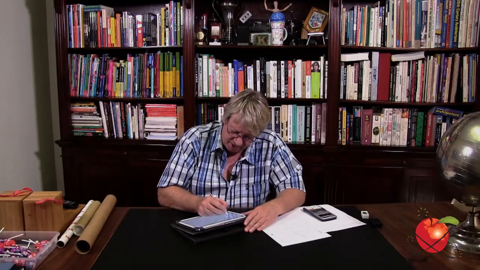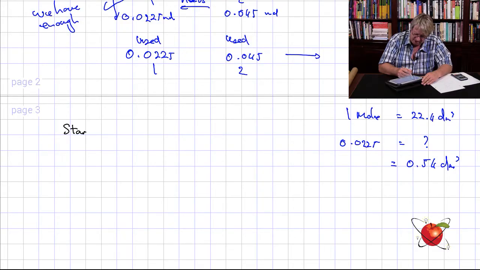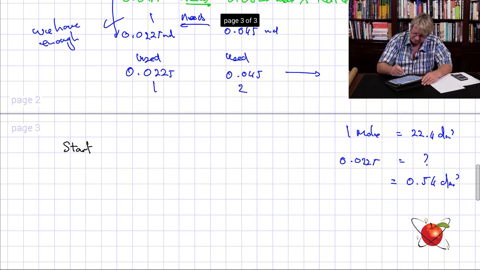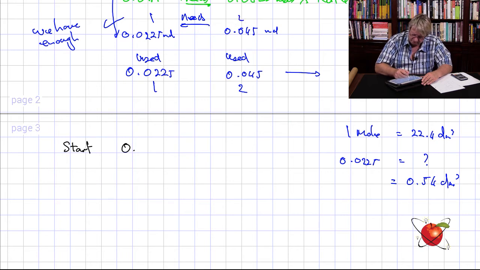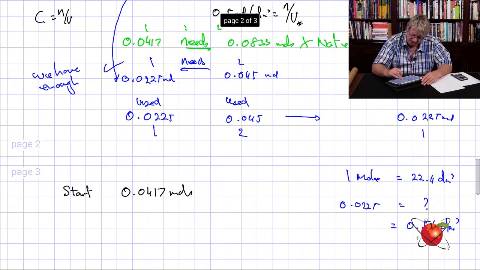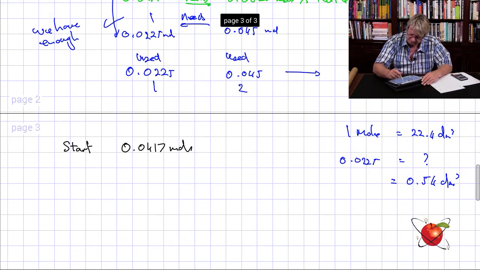Let's put in here start. Well, hang on. How much did we start with? 0.0417, didn't we? 0.0417 moles, right? And how much of the other did we start with? 0.045. And let's do a little technique here.